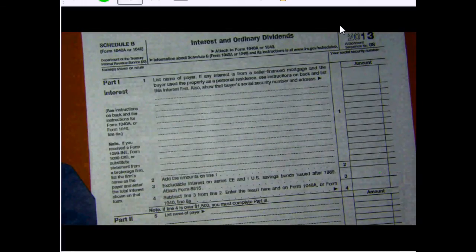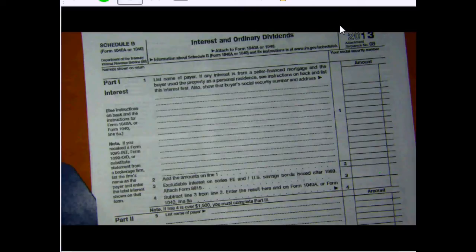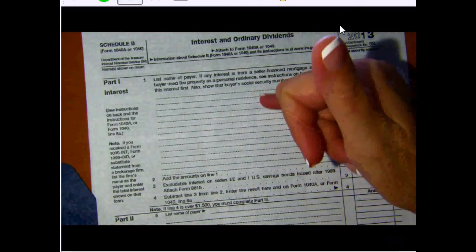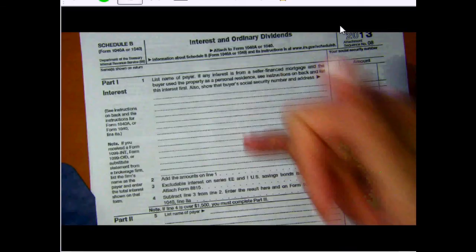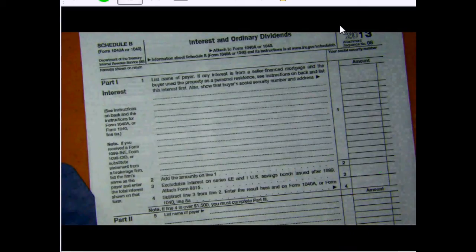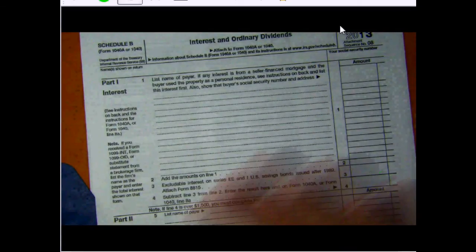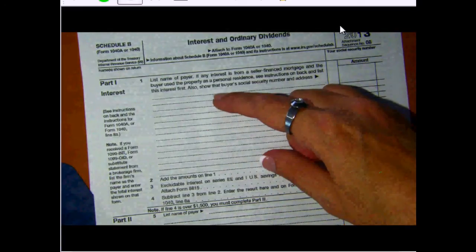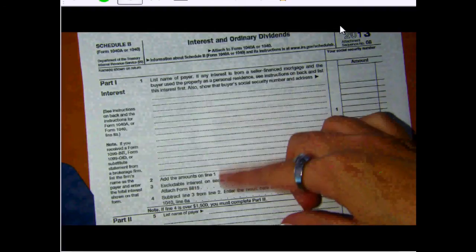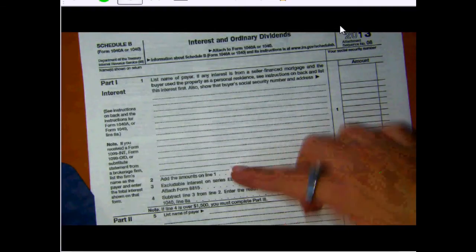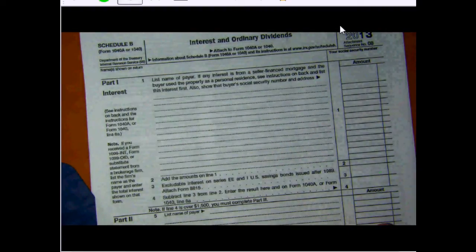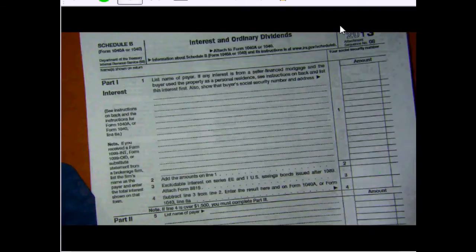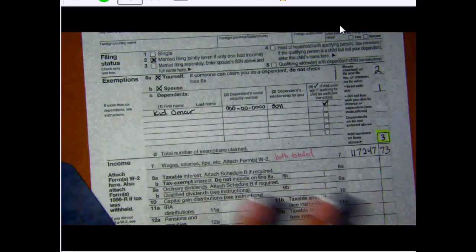You only have to use Schedule B if you have multiple bank accounts that paid you interest or multiple stock companies that paid you dividends. If you have interest from one bank and stock dividends from one company, then you don't have to use Schedule B. You just put the interest on here.